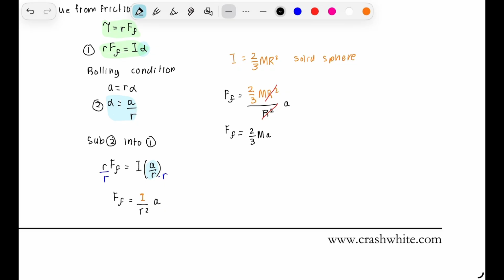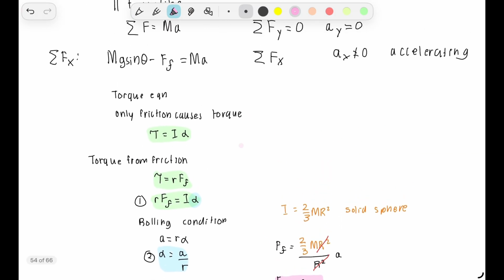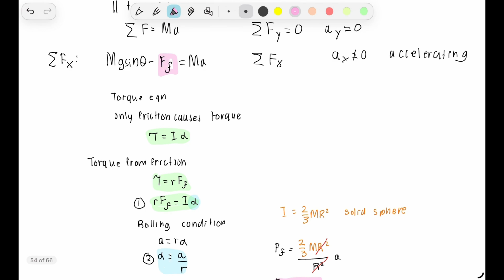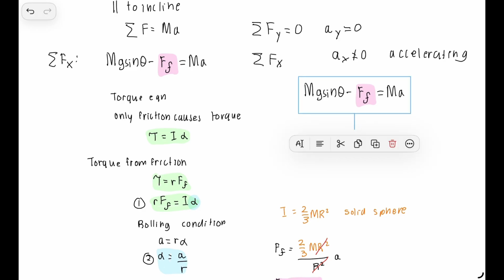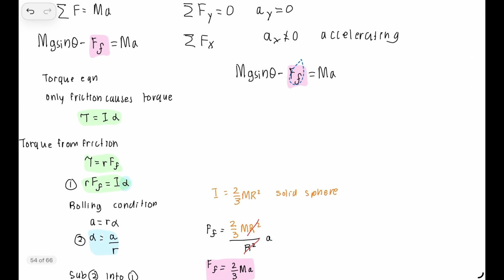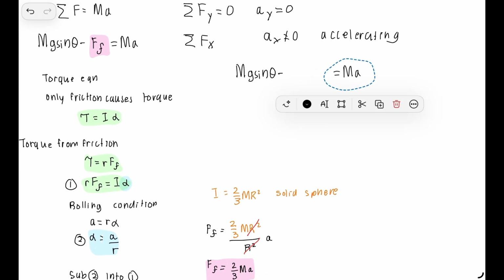Now you have Ff, which was what we needed. With Ff, you can sub this into our equation over here. So we can rewrite this. Instead of Ff, we plug in what we just got for it.